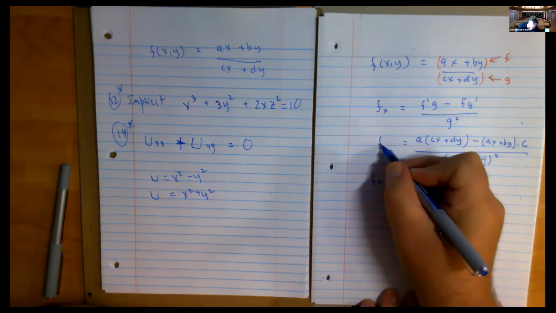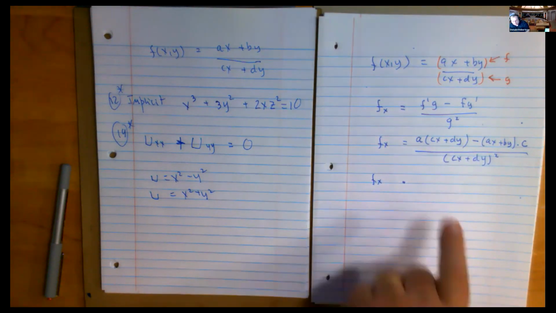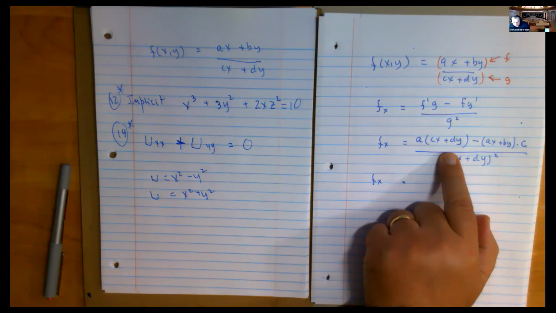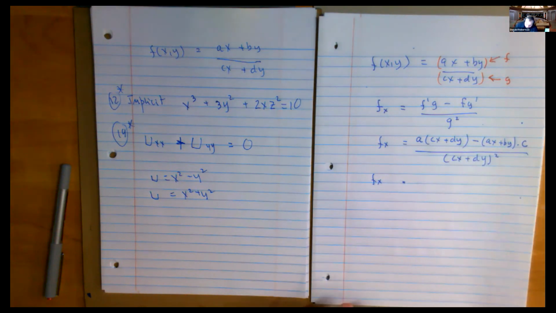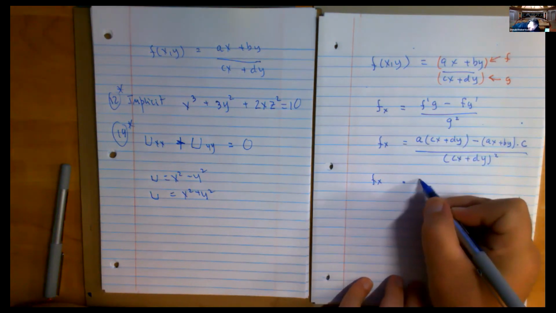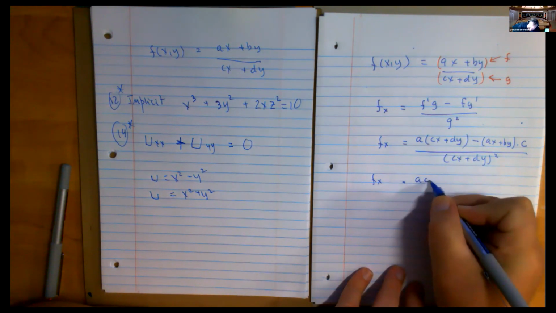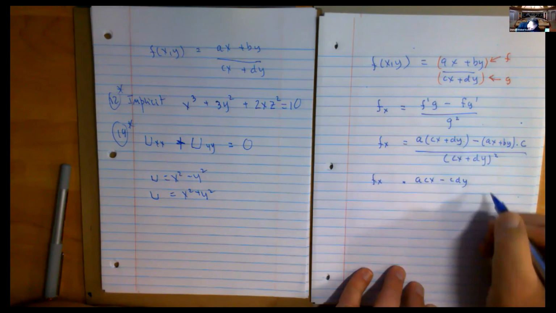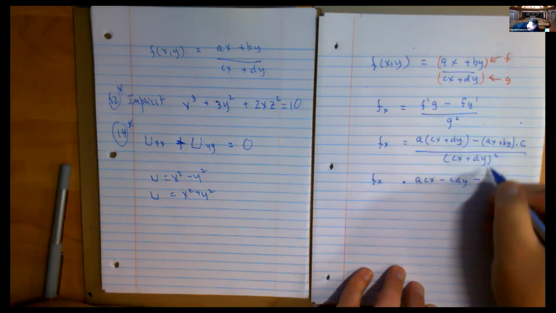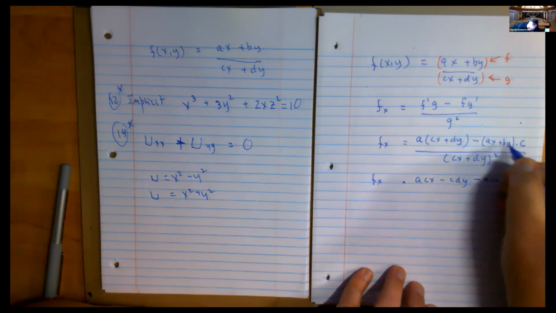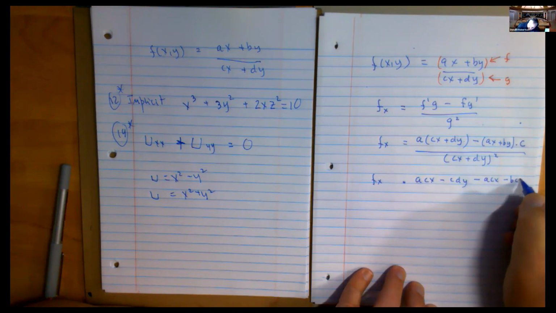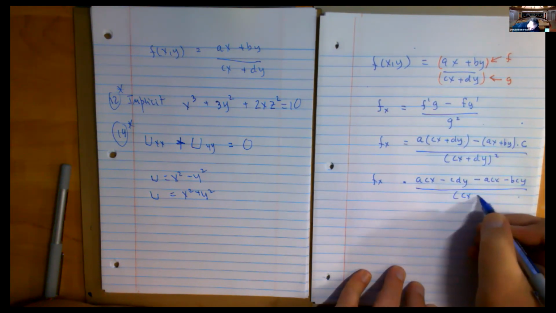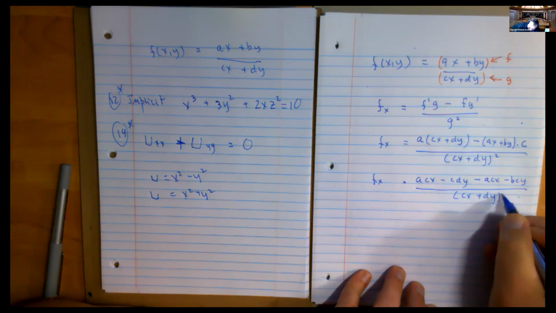For style points, which is what I use to make it look pretty, I would never leave something as ugly as this. I would at least try and see if I can make it better. So if you distribute the a through those two terms, and then you distribute the c through those two terms, you get that.